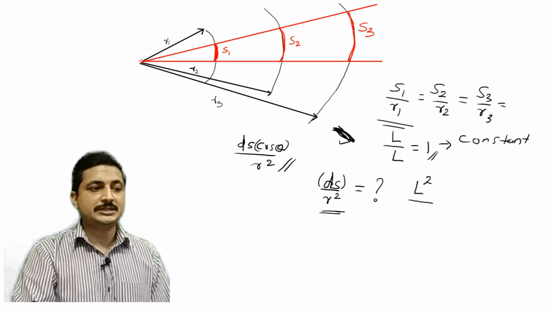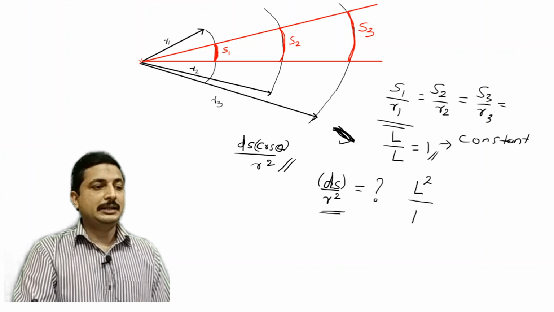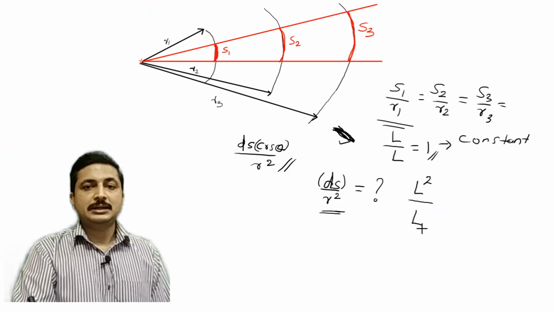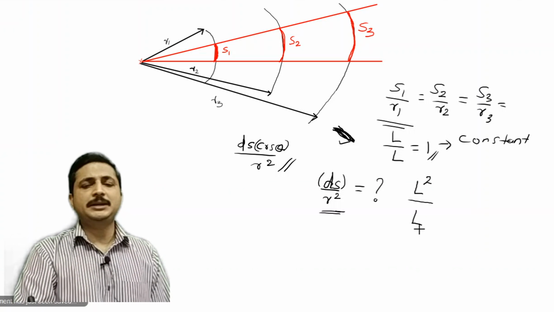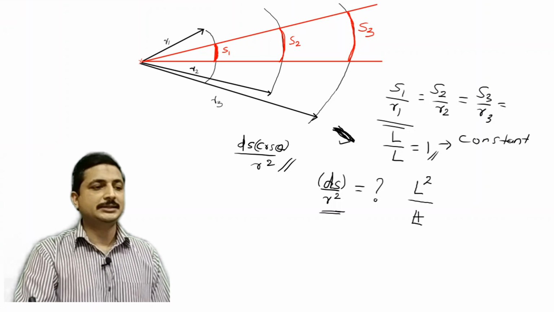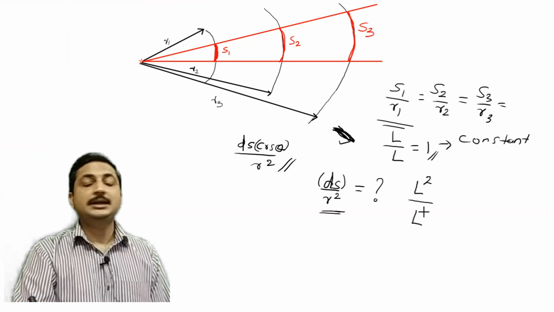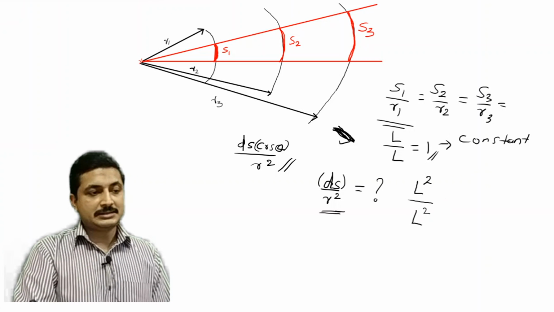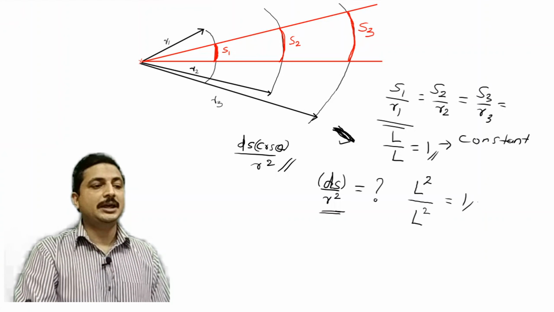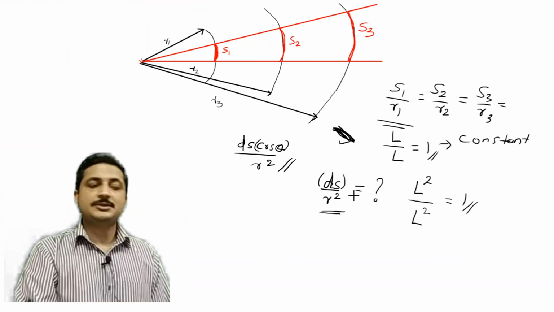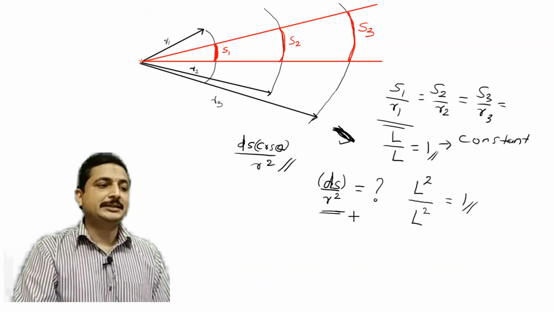The physical dimension of surface area is L square, and r is measured in length, whether it be meter, centimeter, whatever the unit is. So I have L square by L square, which is 1. This is a constant. So I can say that ds by r square is a constant.